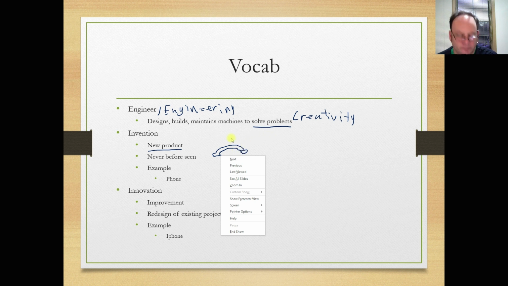You can tell I haven't used my Wacom tablet very much, but here's an old phone, and we'll put the little dial thing you have to do there. So there's an old phone.